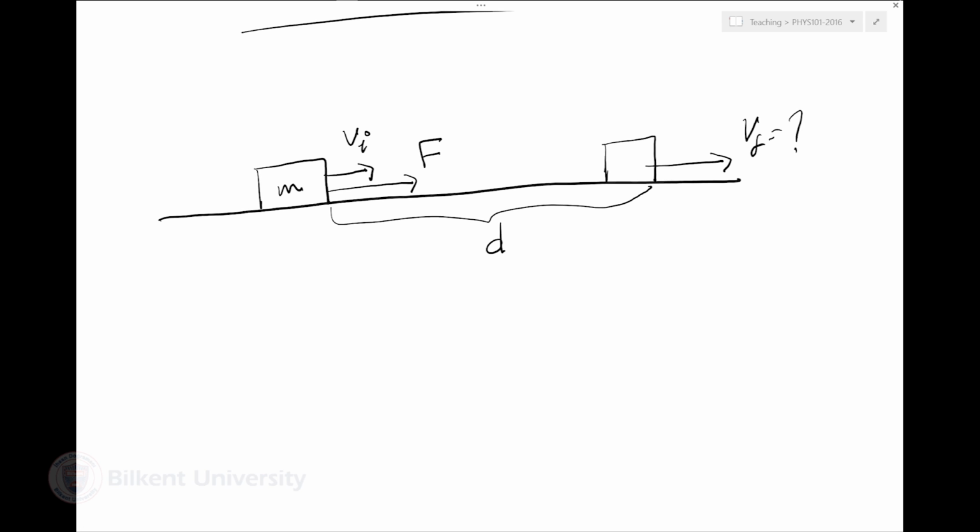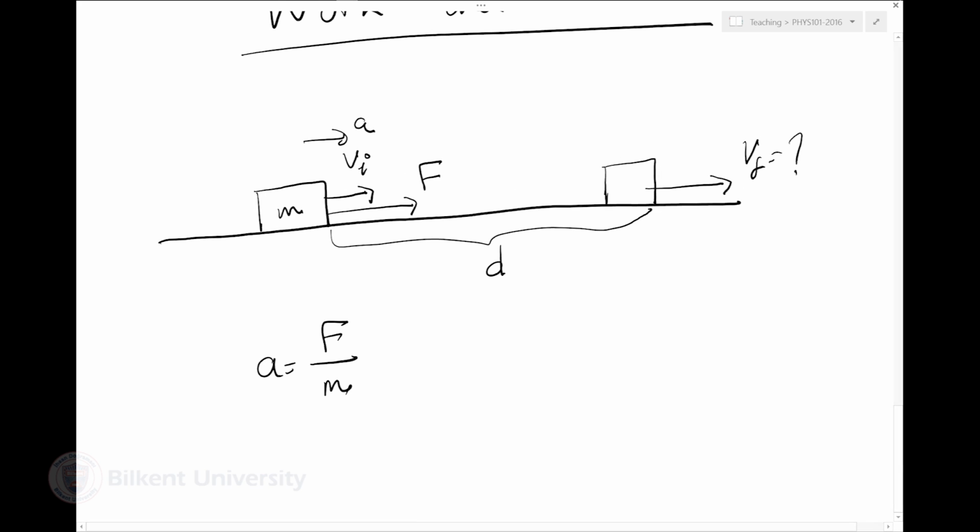So this is an extremely simple problem. Let's solve it. If I have a constant force F acting on M, this is going to give me an acceleration A. The A will be F divided by M. So how much time would it take to cover this D? We have to find out. But maybe I can do it in another way.